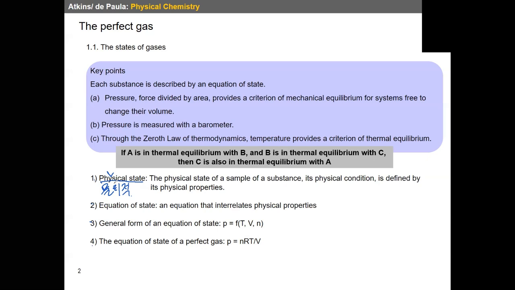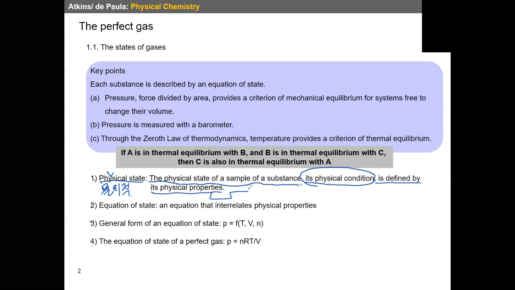So the definition of the physical state can be written as: the physical state of a sample of a substance, which means its physical condition, is defined by its physical properties.